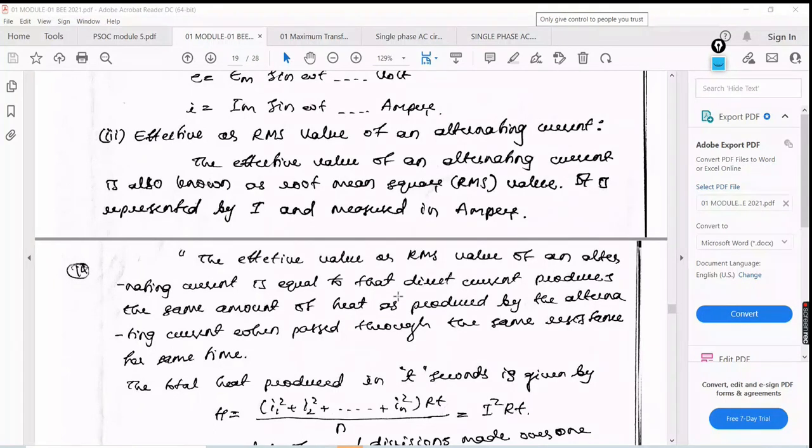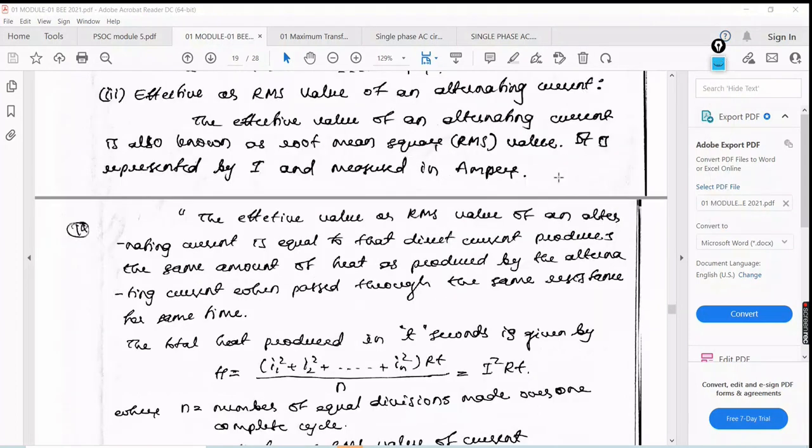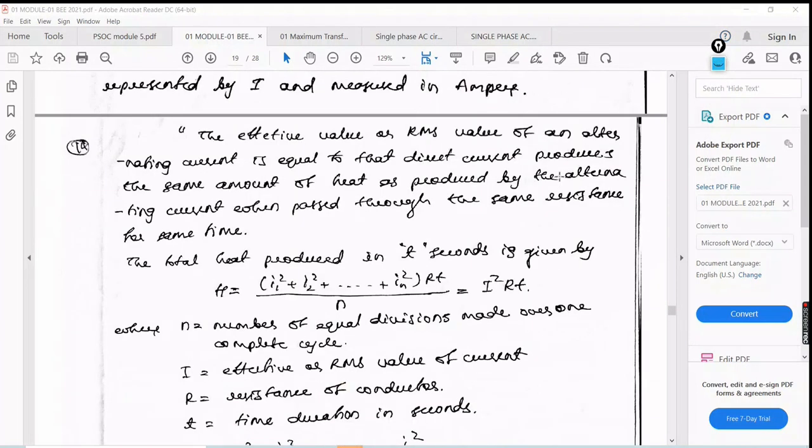The next topic is the average value. The effective value or RMS value of the current is called the root mean square value, which is defined with respect to the same amount of heat being produced in the electrical circuit. That quantity is called the RMS value.